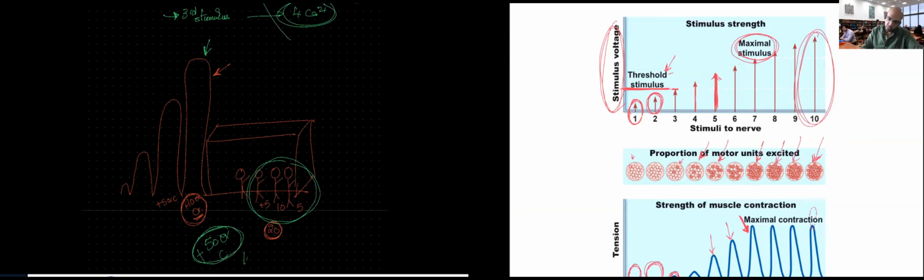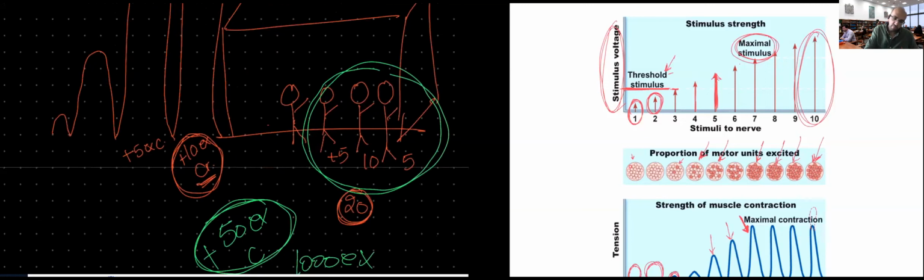Even if I go to 1,000 extra credit points, there will be no increase in the amount of tension applied to the wall, because all of you have already been recruited, just by giving you 10 extra credit points. So what do we call this 10 extra credit points that will recruit all of you to push the wall? It's the maximal stimulus.